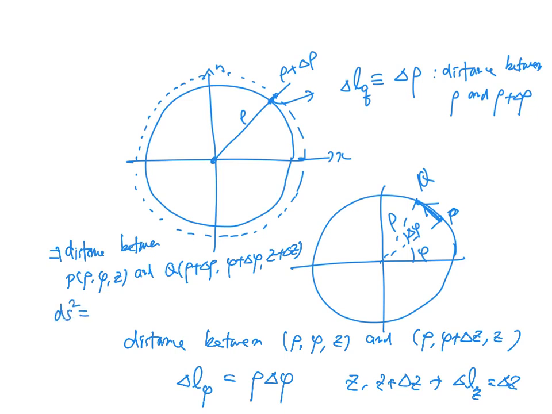Its square will be simply delta rho squared plus rho delta phi squared plus delta z squared, right?